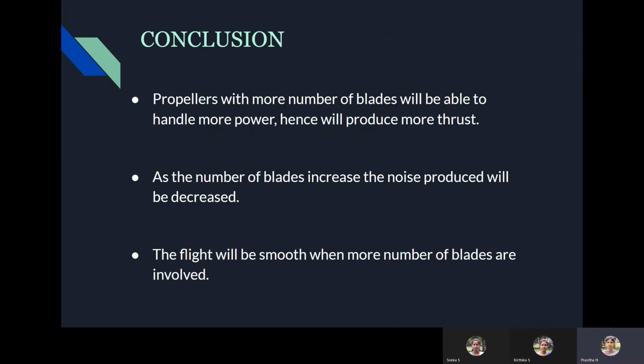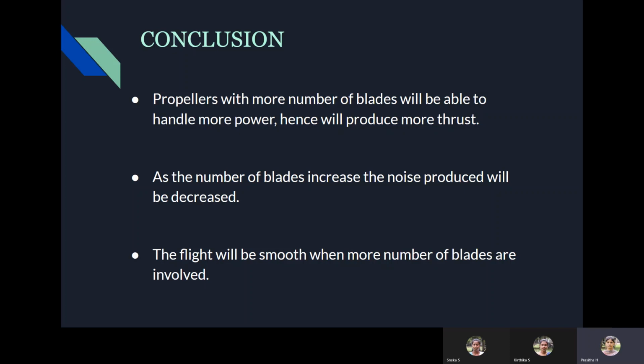Like both sides of the coin, everything has its own advantages and disadvantages. Likewise, a two-blade propeller also has its own disadvantages, which could be overcome by installing more blades in the propeller, some of which are listed below. Propellers with more blades will be able to handle more power, hence will produce more thrust.